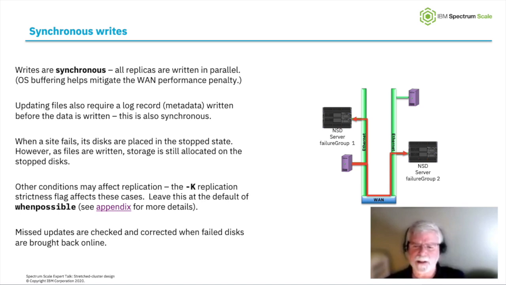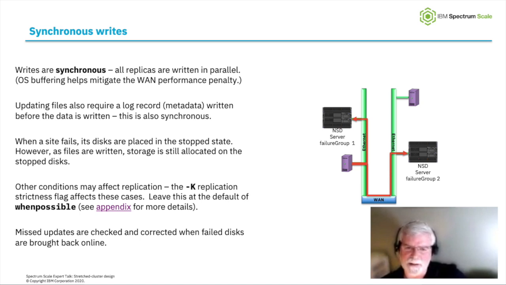Writes are synchronous. A write is not complete until all replicas are written. That raises the concern that the WAN will impose too much latency on the file system. And let's be honest, it's true that latency will increase. But keep in mind that modern operating systems always have to deal with disk latency, and so they use tricks like write-behind and buffering to mask much of the overhead of this latency.